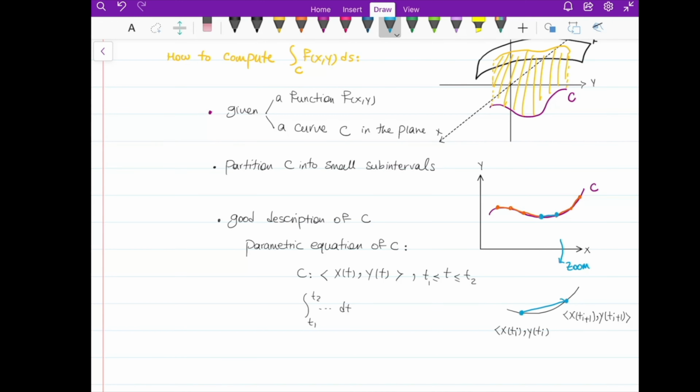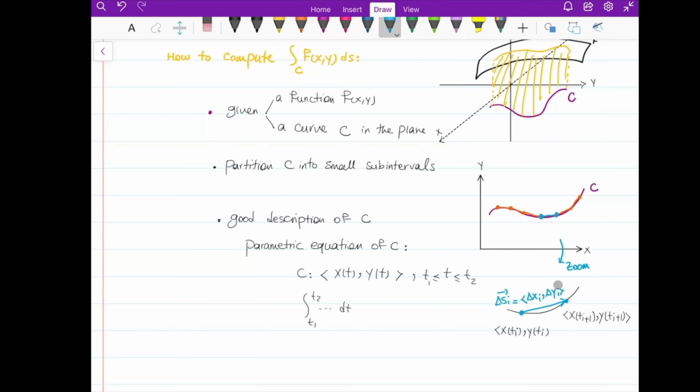Then this vector that I have in here has the components delta xi and delta yi, for example. If I call it delta si, the length of it would be the square root of delta xi squared plus delta yi squared.